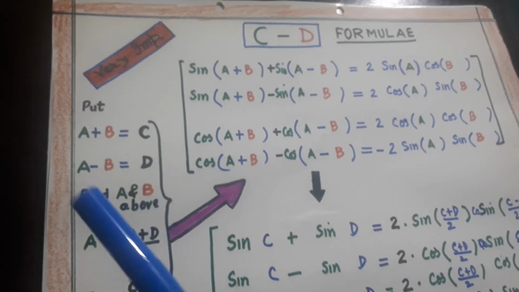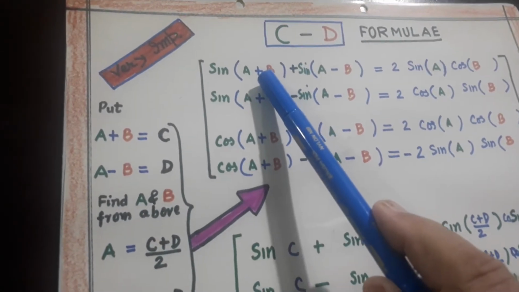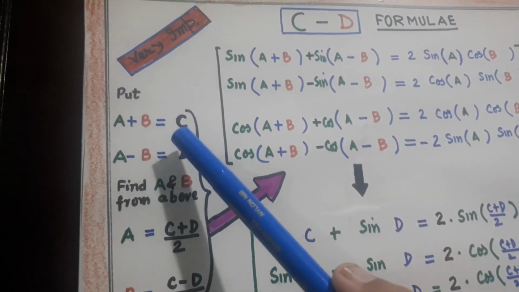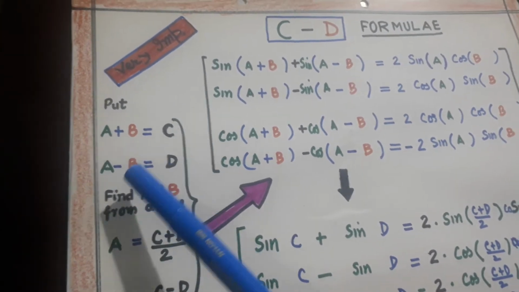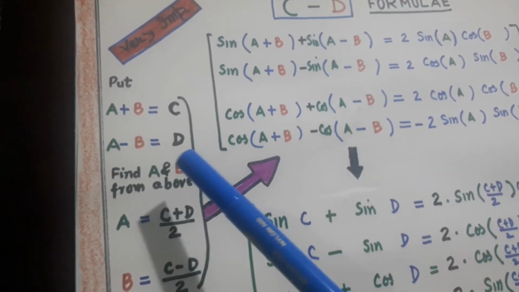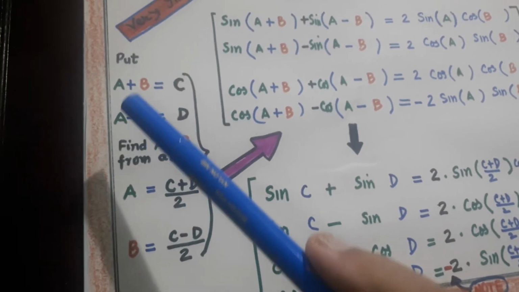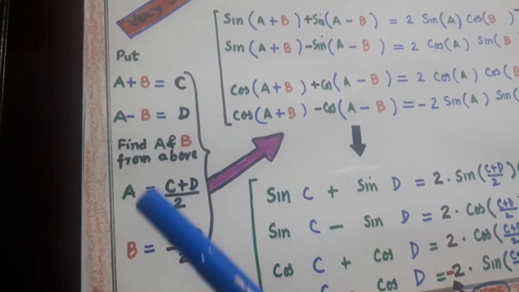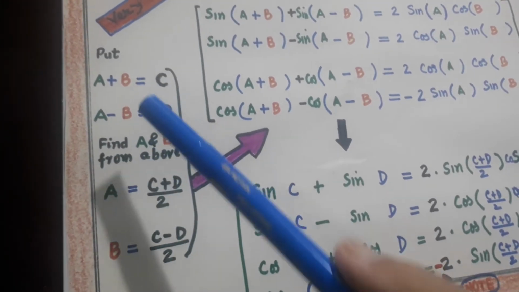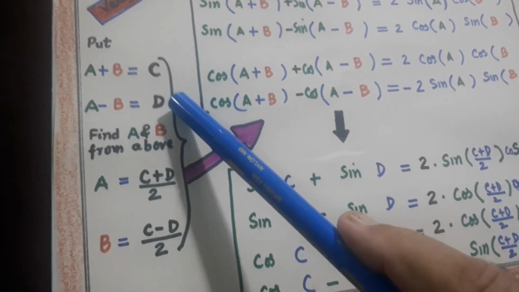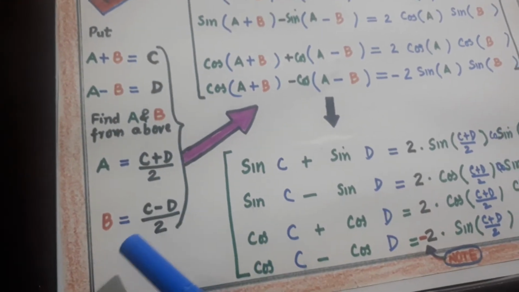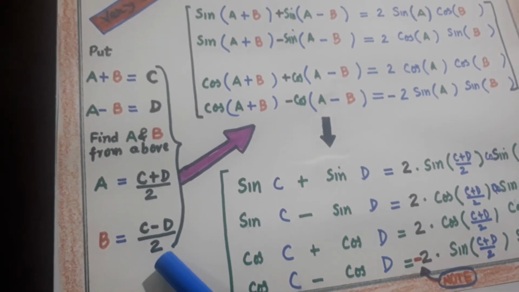Now put A plus B is equal to C, A minus B equal to D. Let us find A and B from these two equations. A comes when you add, it will be C plus D divided by 2. B will come C minus D by 2.